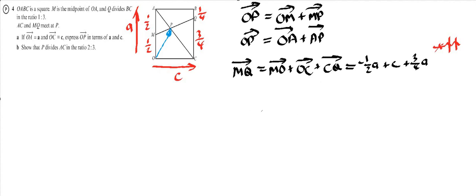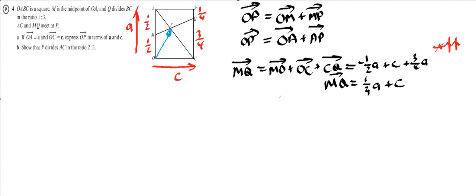So I've got MQ. Now let's type that up. That means that MQ is equal to minus a half plus 3/4, so I've got 1/4 A, and I've got 1C. Right, so now I've got that.